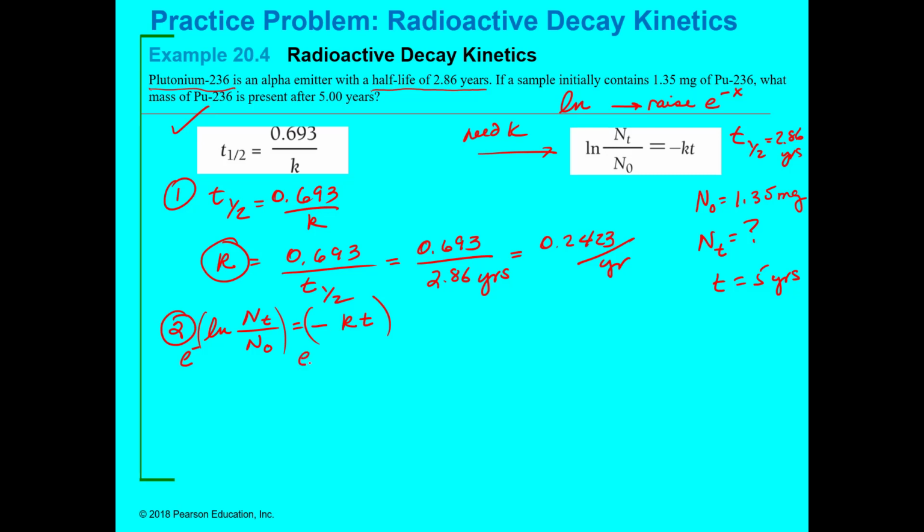And raise this to the negative KT. All I'm doing is getting rid of the ln on this side. So then that gives me NT over N0 equals e raised to the negative KT.